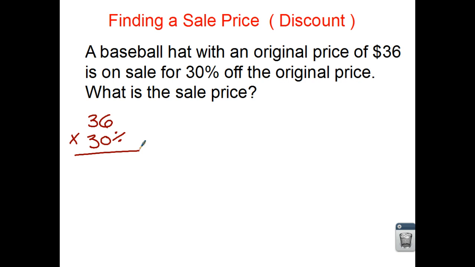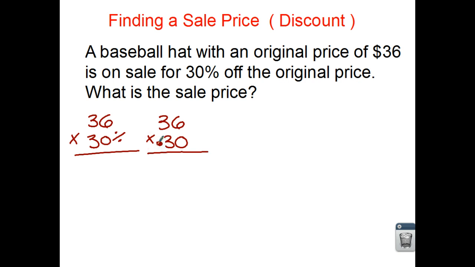So we are going to change that to 36 multiplied by, well, we've learned that if we are going to turn a percentage into a decimal, we drop the percent sign and move our decimal at the end 2 times to the left, which would leave us at 30/100ths, also known as 0.30.